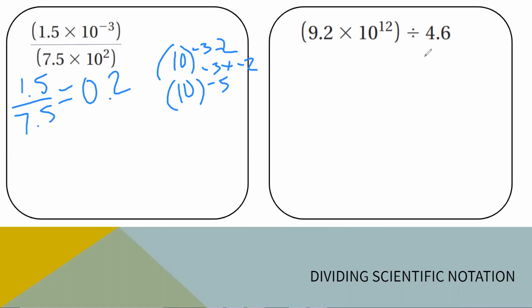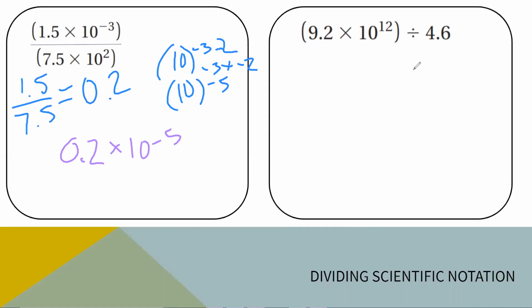So I know my factor right now is 0.2, and I know my power currently is 10 to the negative fifth.